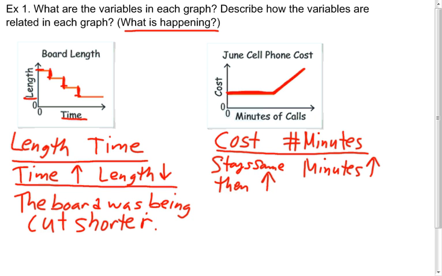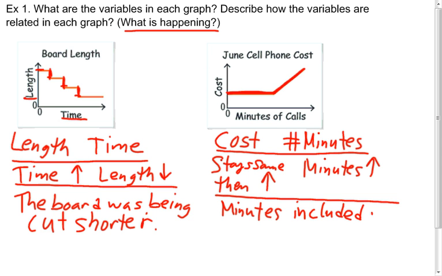And so what's happening here, the flat part is the minutes that are included in your bill. And then the part where it goes up, those are the extra minutes that you have to pay for.